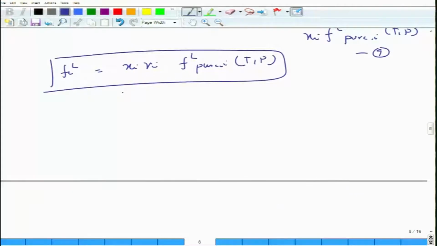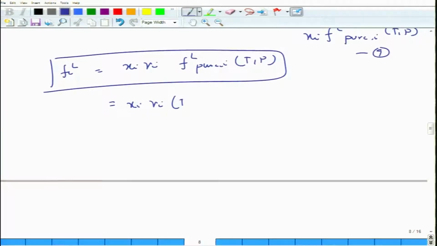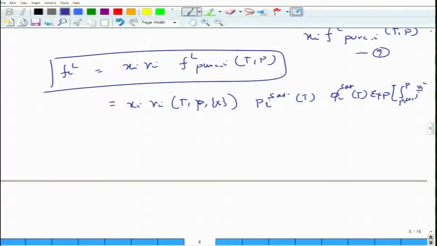So, now I can plug in and I get an expression which is the following: gamma i, which depends on T, P and x, where x is basically nothing but composition, times Pi sat(T), phi i sat(T), and exponential of the integral from Pi sat to P of VL by RT dP. Now, this is my fL, this is my equation 10.